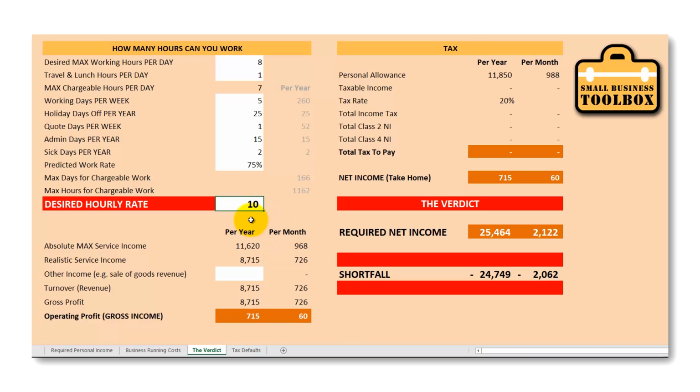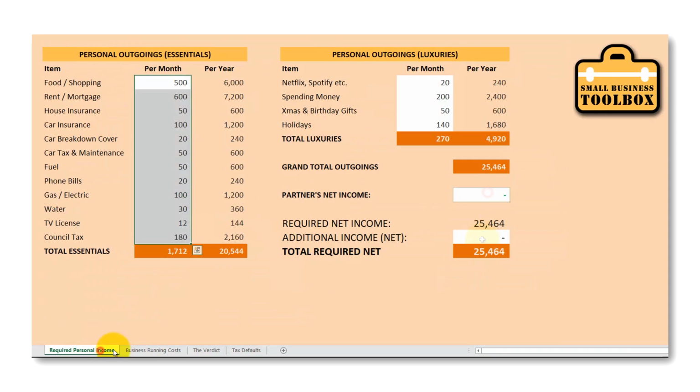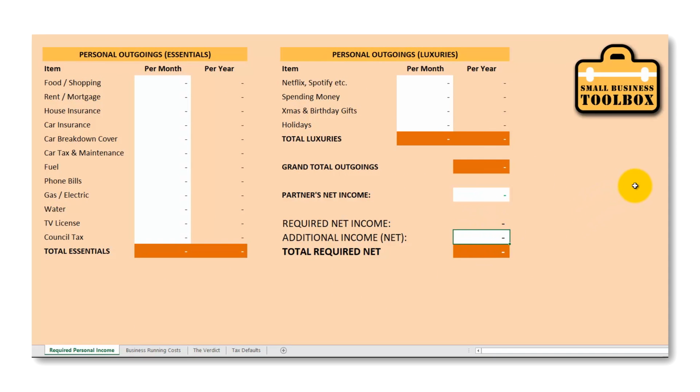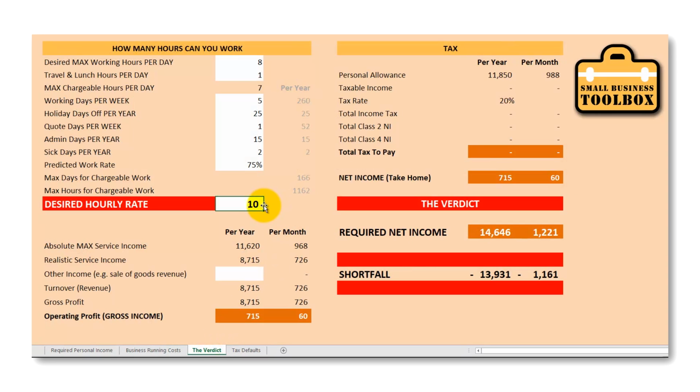You will be making significantly less than you would make working at, let's just pop that McDonald's wage in here, 14,646 take home wage, £10 an hour.